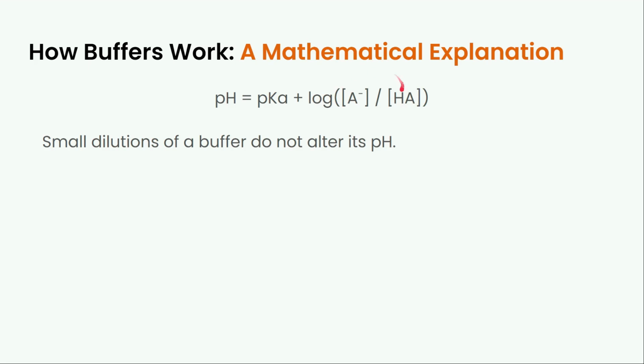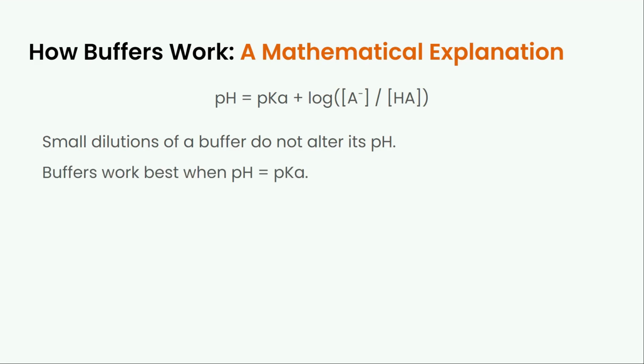When you prepare a buffer in the lab, you dissolve some HA, some acetic acid, it dissociates into some base, but they're both in the same volume of water. So when you dilute that volume of water, both of these terms are proportionately reduced, but the ratio is invariant when you dilute it. So because the ratio doesn't change, this last term doesn't change, so pH won't change. Larger dilutions do cause changes in pH, and perhaps I can talk about that at the end.